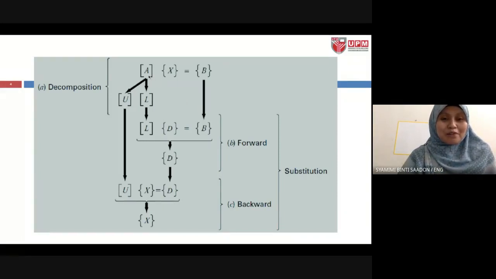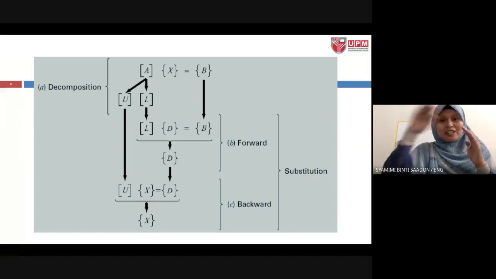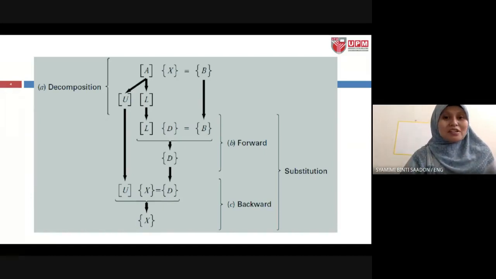Imagine you have matrix A and X, and the right hand side is matrix B. The notation for each matrix is different. For a square matrix, 3 times 3 or 2 times 2, normally we write it in a bracket like this.